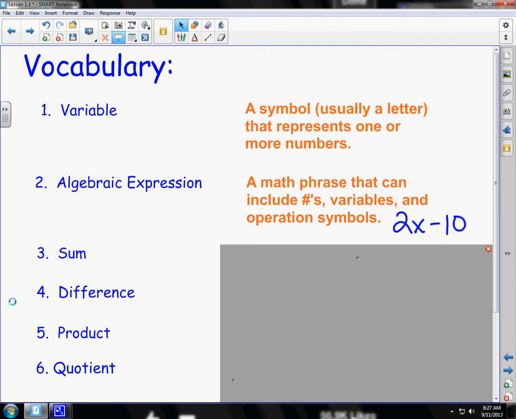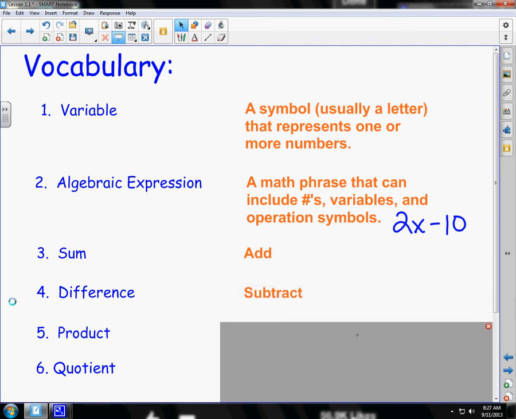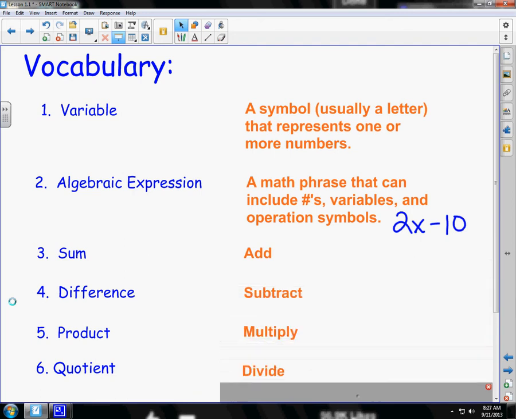The last 4, you need to memorize. Sum means to add, difference means to subtract, product means to multiply, and quotient means to divide. Make sure those are at the beginning of your notebook.